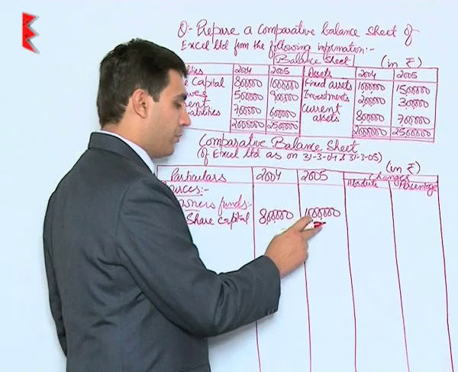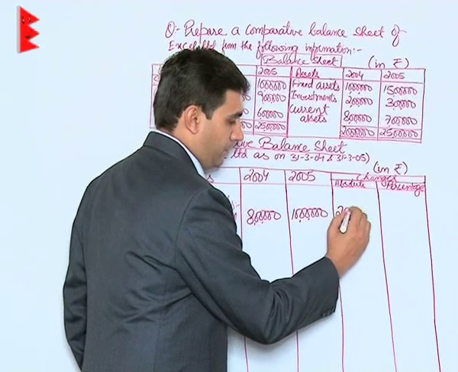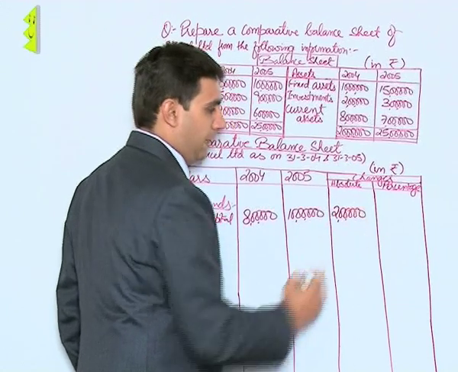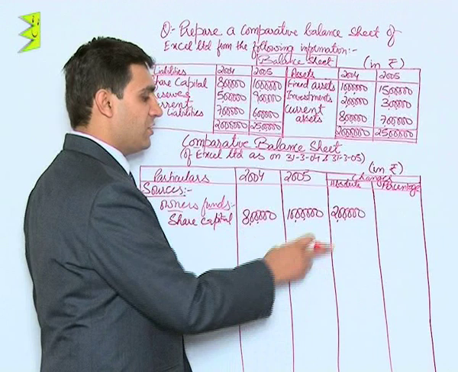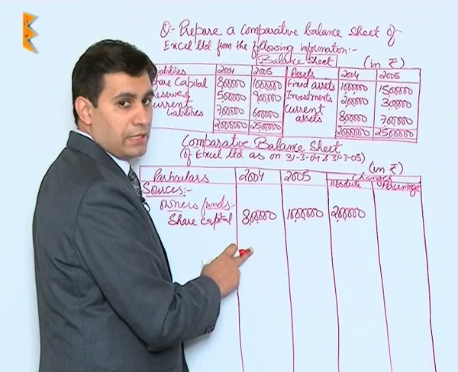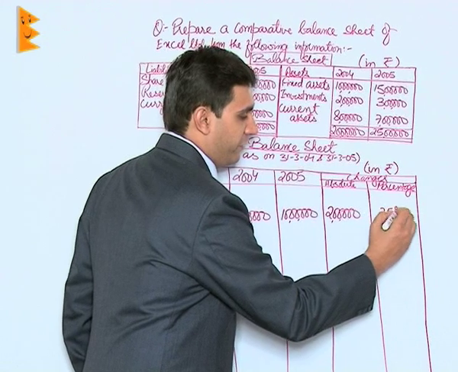The absolute change would be 10 lakh minus 8 lakh, 2 lakh. What about the percentage change? The percentage change would be 2 lakh divided by 8 lakh into 100, that is 25%.